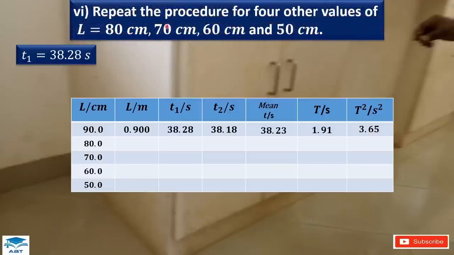Then we repeat the procedure for 4 other values of length equal to 80 centimeters, 70 centimeters, 60 centimeters, and 50 centimeters. So we change the length of the inextensible string to 80 centimeters, that is 0.8 meters, but we leave it in 3 decimal places.